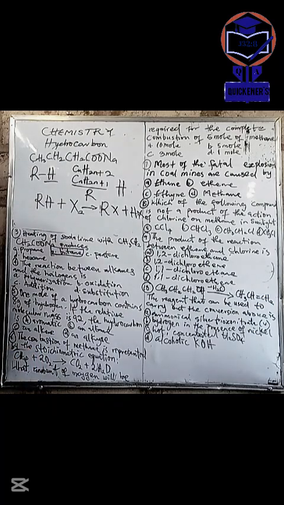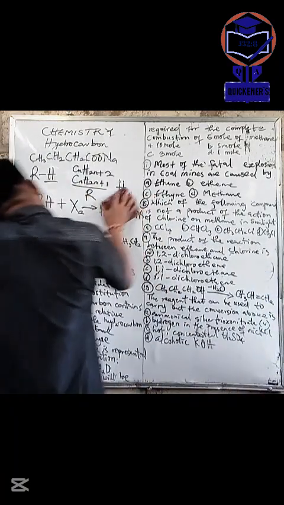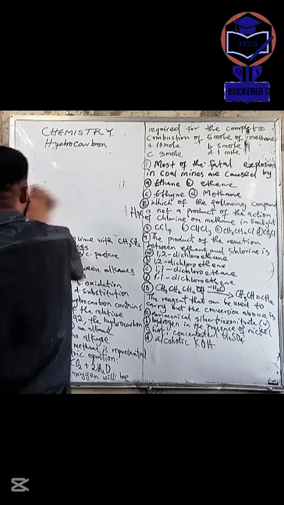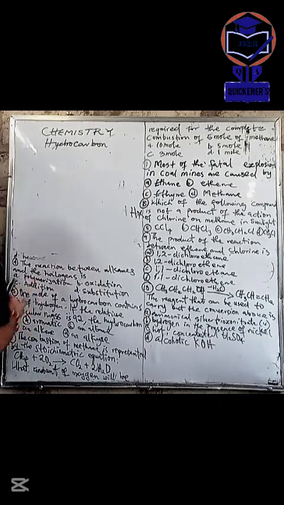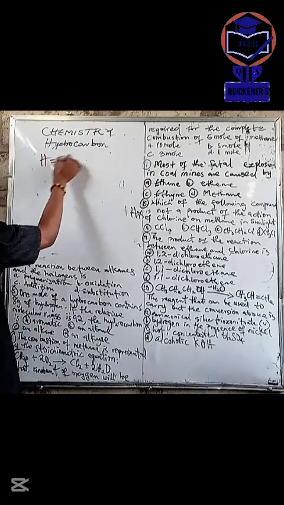The next question says, 1 mole of a hydrocarbon contains 8 grams of hydrogen. If the relative molecular mass is 92, the hydrocarbon is, so we are looking at what hydrocarbon that is. So 1 mole has hydrogen as 8 grams.